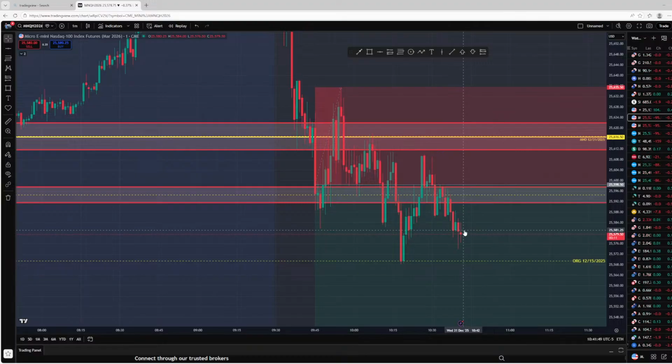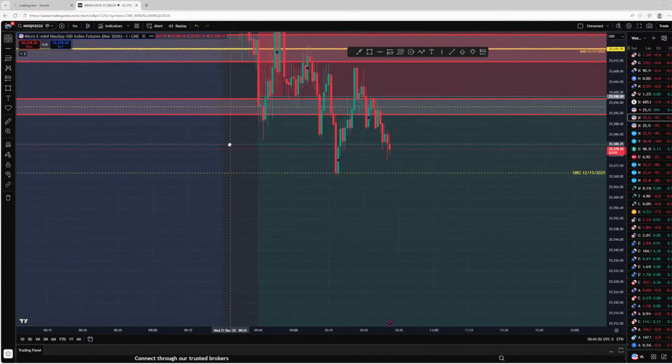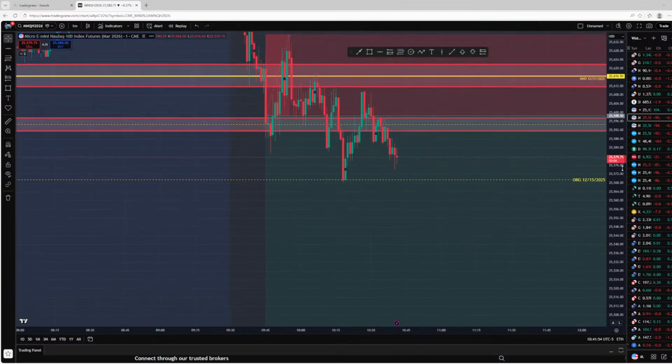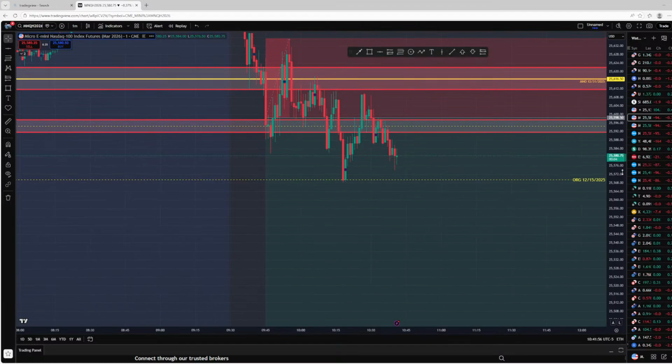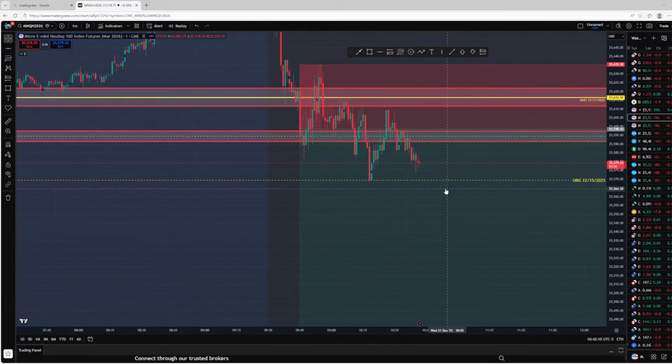I want to see more price action, more downwards price action. And I would love to see some really big red candles start to come in here, some faster red candles. Because we could just be sweeping this low down here one more time and then going right back up. So I'm not really getting too excited.